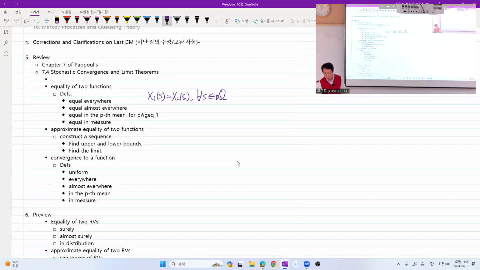Or we can use not just this possibly uncountably infinite number of scalar equality. We may just use a simple set equality.